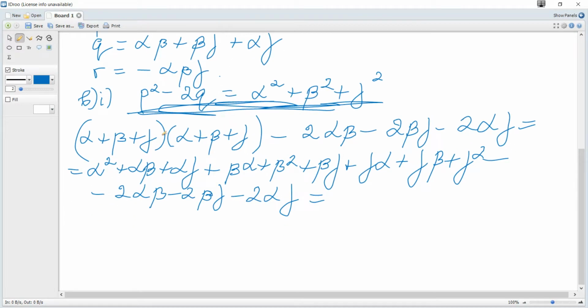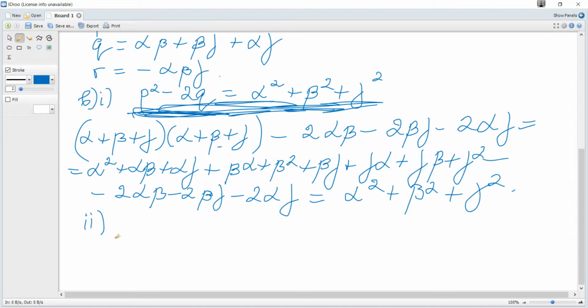And we can see that alpha beta plus alpha beta minus 2 alpha beta is 0, alpha gamma plus alpha gamma minus 2 alpha gamma is 0, beta gamma plus beta gamma minus 2 beta gamma also is 0, and hence it becomes alpha squared plus beta squared plus gamma squared as required.